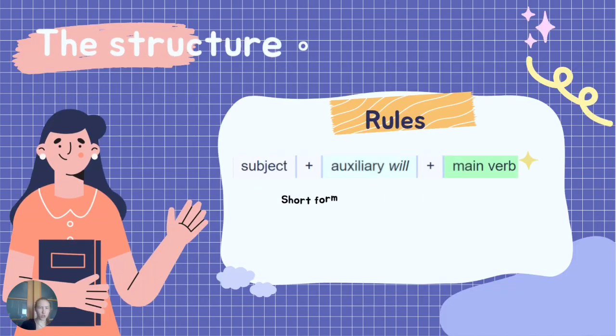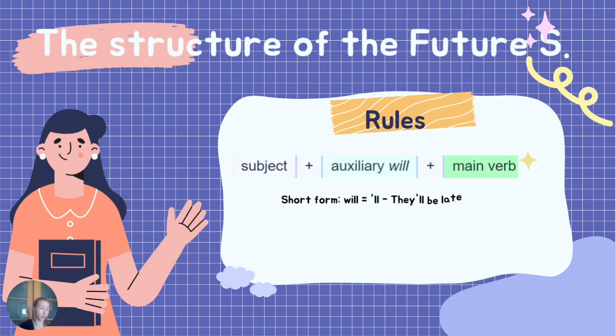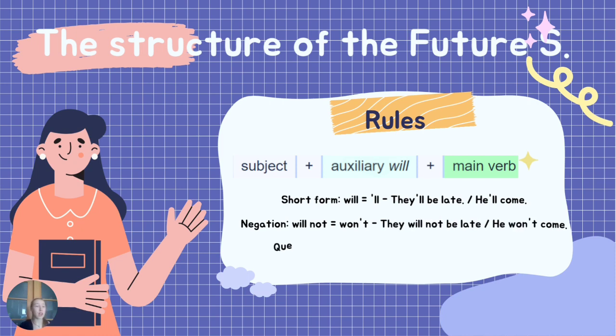What is the structure of the future simple? You can ask me. So first, we need to use our subject. Subject is the noun: he, she, it, the cat, the dog, so something. Plus the auxiliary verb will, and then plus the main verb. We do not need to change our main verb.